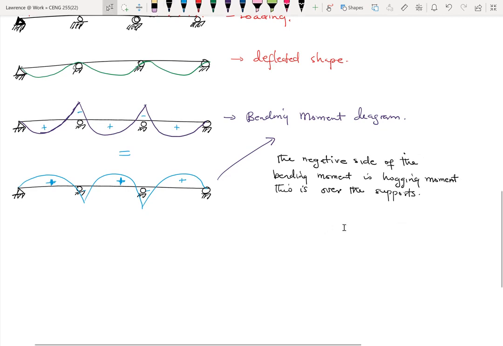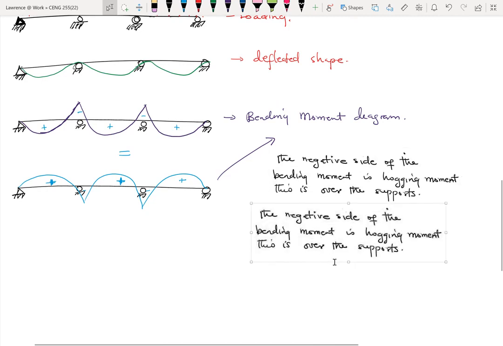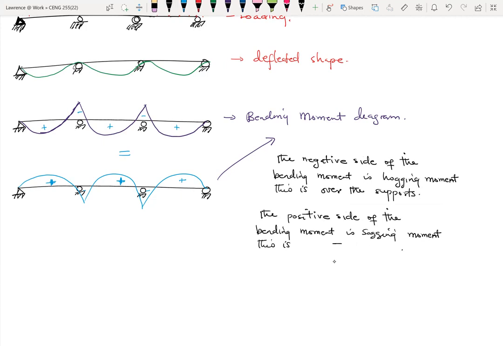This looks nicer. So, which implies that the positive side, I can also write something very similar. The positive side is called the sagging moment, and this occurs in the spans.